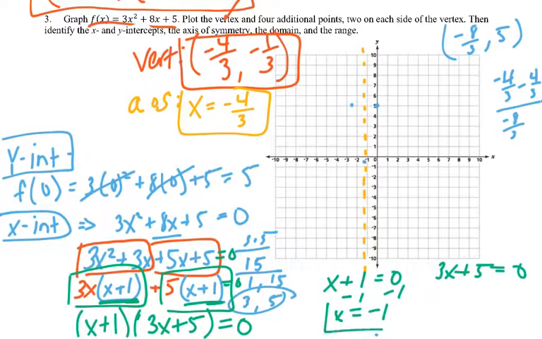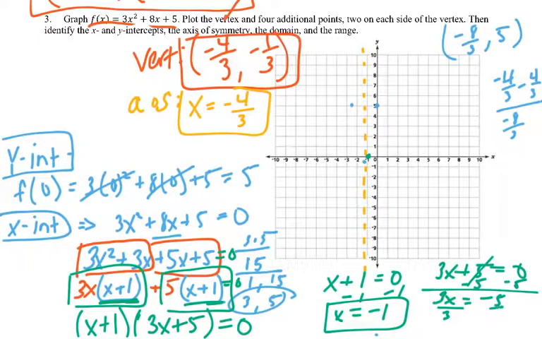So this is one of my x-intercepts. x equals -1, which is right here. It's a nice one. It's very clustered because of those fractional values. So for the second one, I solved by subtracting 5 from both sides. So I get 3x equals -5.